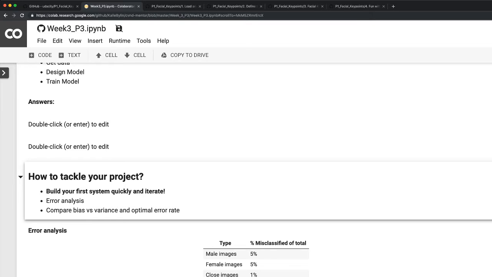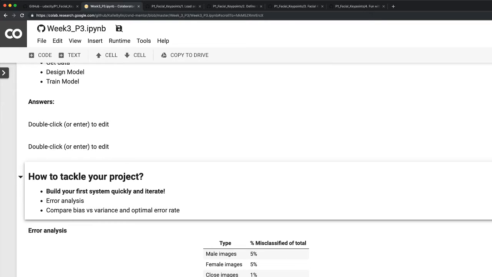So going back to this error analysis, why is this useful? It's because it helps us understand the underlying causes of the errors that our model is making. And we can leverage human intuition for this.